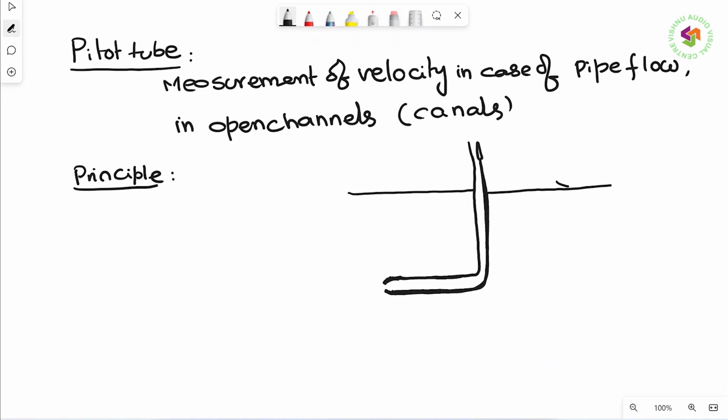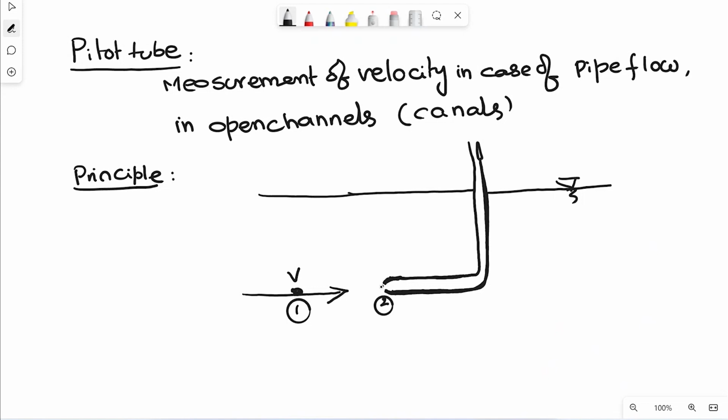Now, wherever you want to measure the velocity, we will insert this right angled bent tube into the flow. I want to measure what is the velocity of flow at this point, at this depth. Suppose the velocity of the fluid here is V at section 1. What happens the moment the fluid comes to the nose of this Pitot tube, which I call section 2?